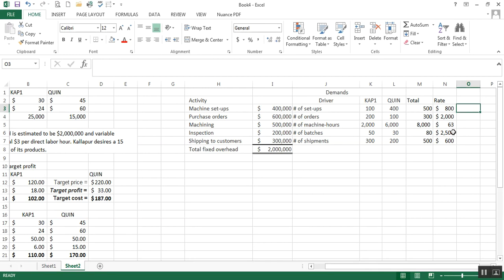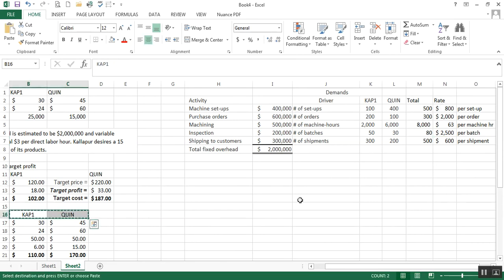Okay, so this is per setup, per order, per machine hour, per batch, and per shipment. So instead of just one rate, now we have 5 different rates, and in order to calculate our costs, we need to do it based off of these 5 different rates.